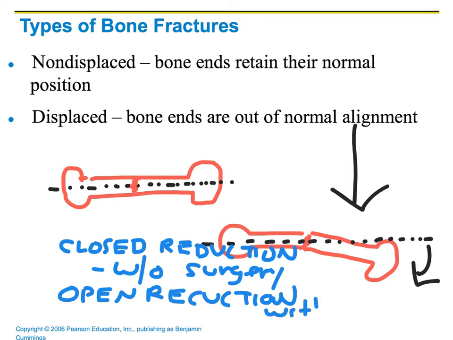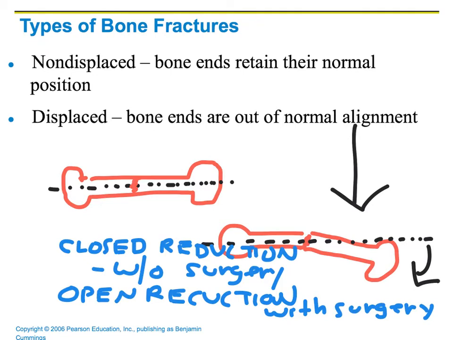So this would be a more severely displaced fracture. I also mentioned in class that you would be looking at the likelihood of pins or screws or some other extra hardware placed in with the bones to maintain the alignment, so when the bone heals, it heals properly.